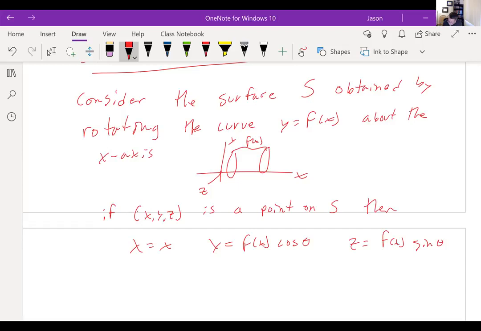So x is x, and y is f of x cosine theta.